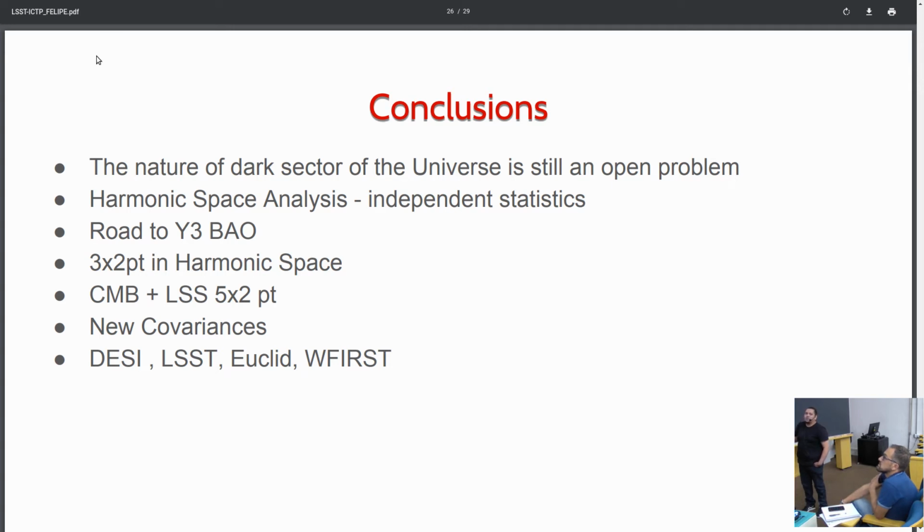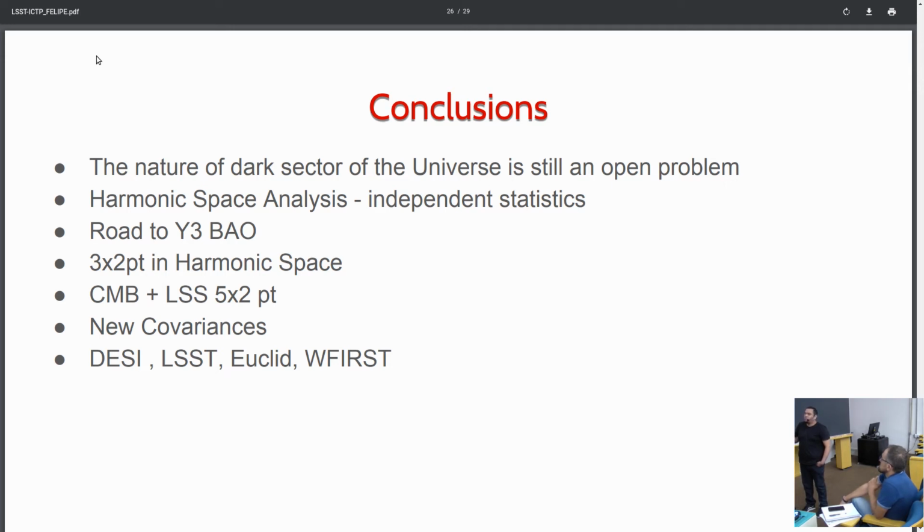And we are on the road to the Y3 BAO. Our target is also to implement the pipeline for 3x2 points in harmonic space, and then combine with CMB.